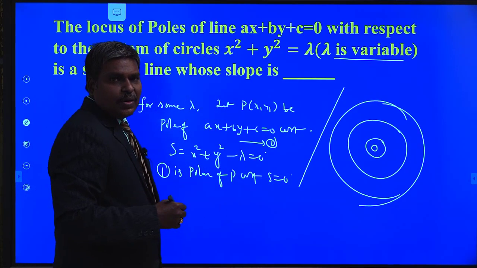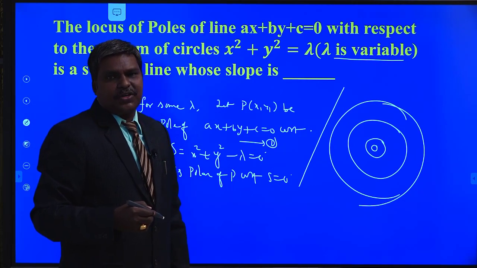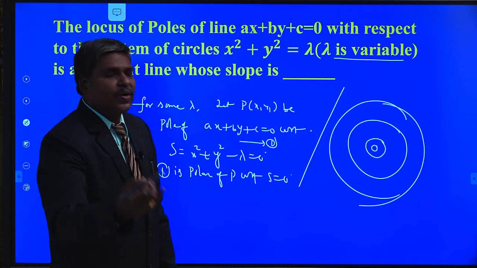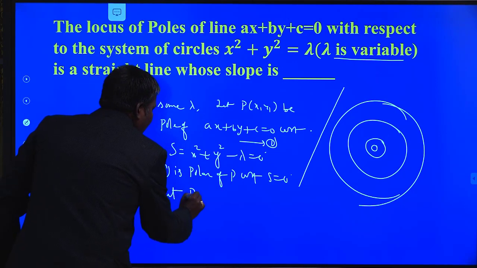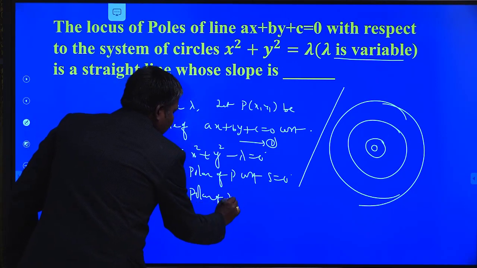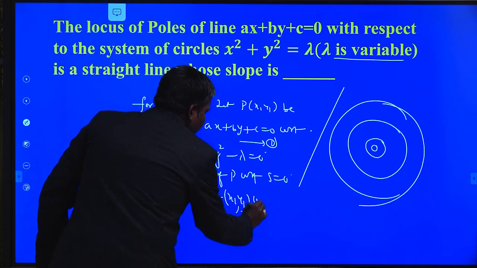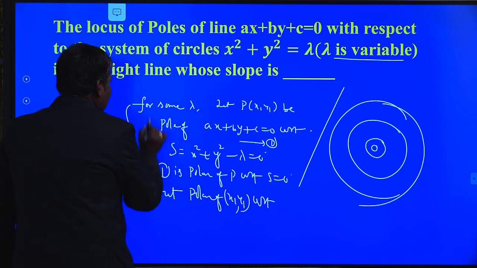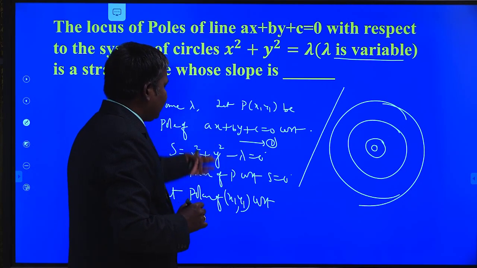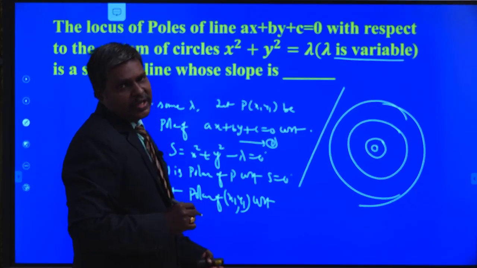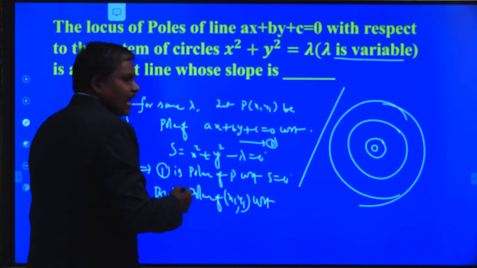But what is the original polar of (x1, y1) with respect to the circle S = 0? S1 = 0. This type of terminology should be learned, dear students. Once you have the concept thoroughly, you can write in this manner. Otherwise it is very difficult for you. Please listen carefully.